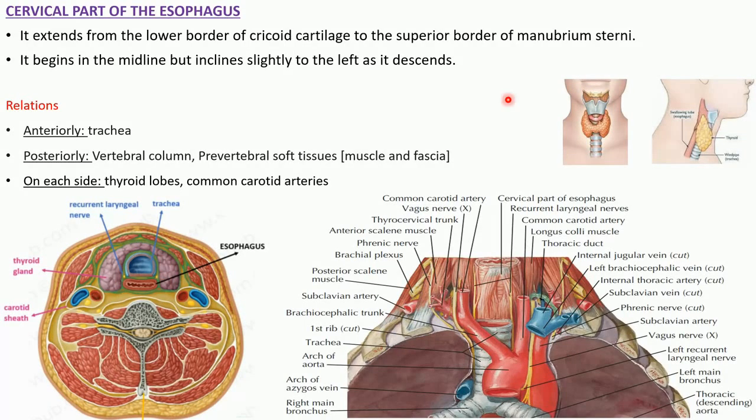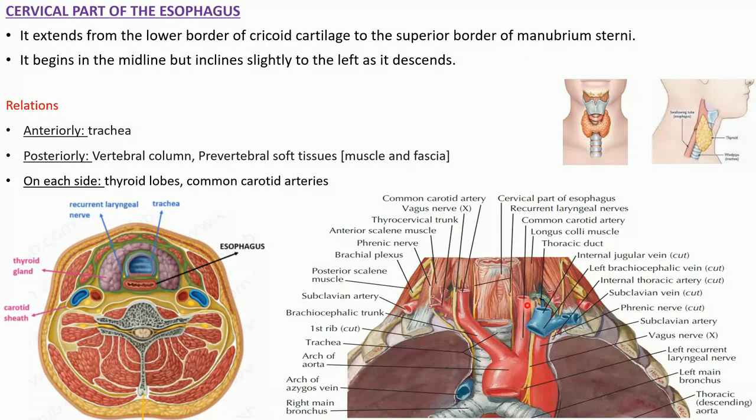This is important because sometimes this gland can enlarge posteriorly, and once it does, it can easily cause partial obstruction of the esophagus. That's why patients with goiter or thyroid masses can present with swallowing difficulties, because the gland can enlarge and partially obstruct or compress the esophagus.